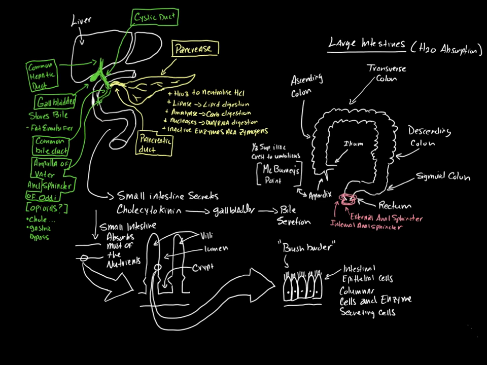People that have disease or pathology of the sphincter of Oddi, or the ampulla of Vater, this area here, there is some speculation that opioids might cause this to spasm, and that it's possible that in certain diseases, opioids may exacerbate the abdominal pain that the patient is having.